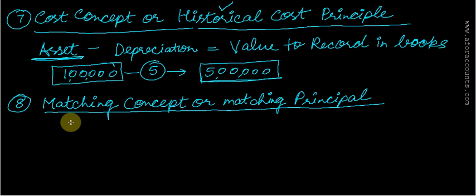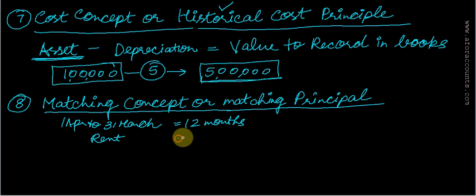When you do the final accounts, you will get to know that what we do is, see, I have my financial year from 1st April to 31st March. Okay, this is 12 months. Now I actually paid rent for 13 months.